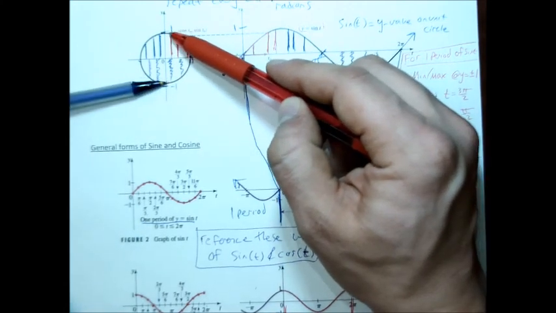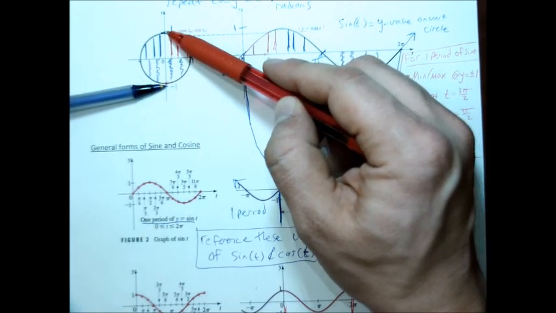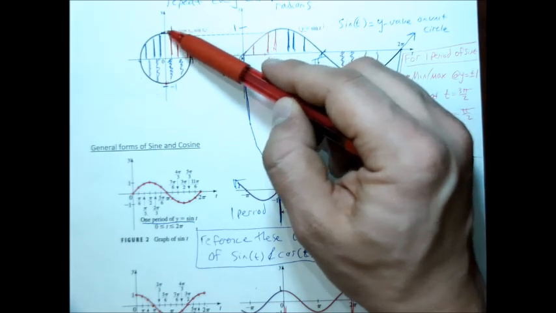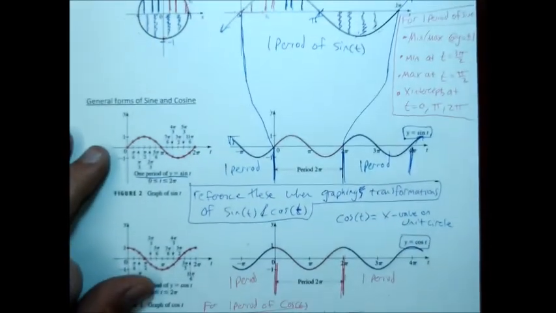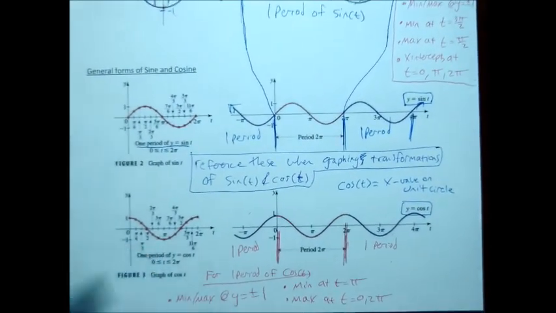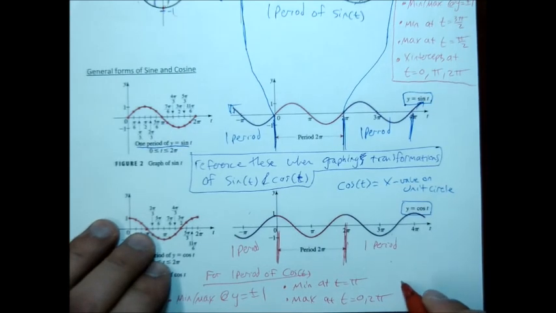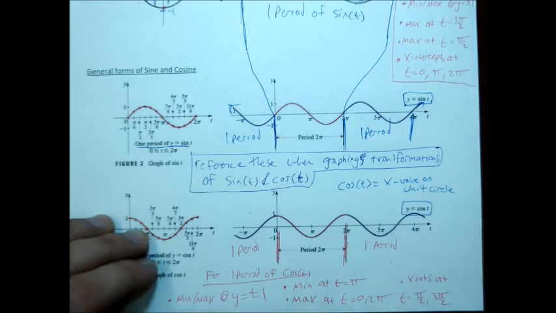Those are the two places where the x value is 0. And that occurs at pi over 2 and 3 pi over 2 on the bottom. And so that's where the x-intercepts are for cosine. So the x-intercepts are at t equals pi over 2 and 3 pi over 2. Again, that's because that's where the x values are 0.